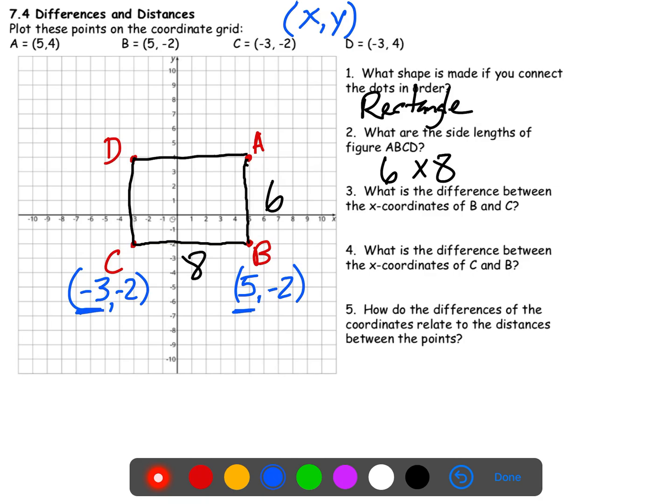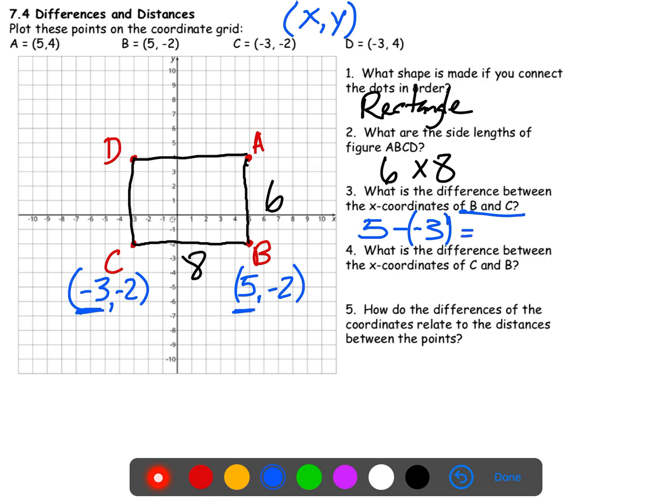And if we go in the order that it's listed, the difference between B and C, we're going from 5 to negative 3. The difference is subtraction, so we're really creating an expression here. We're going to take 5 minus negative 3, and that negative 3 should be in parentheses. 5 minus negative 3.